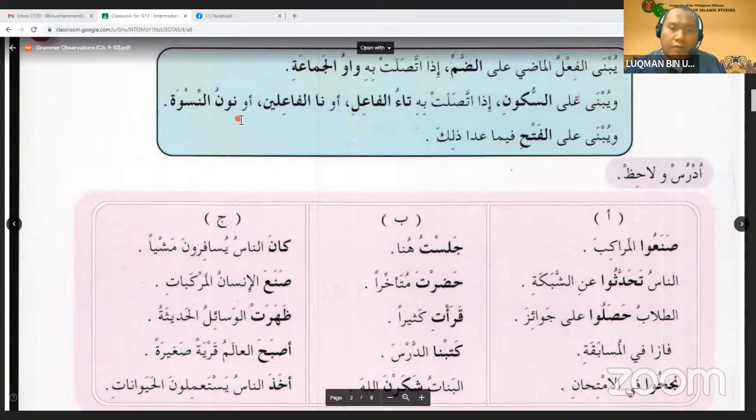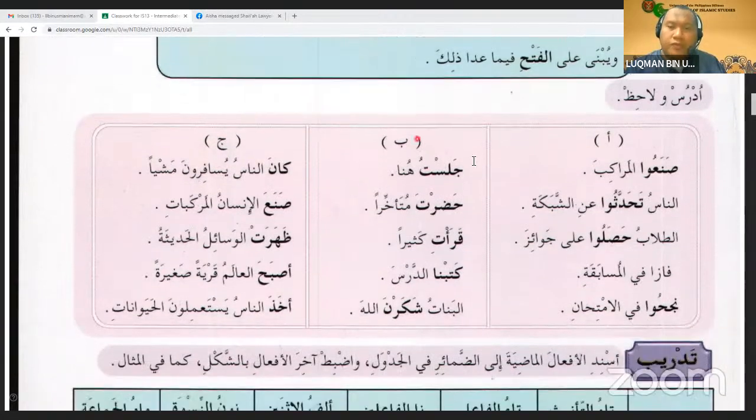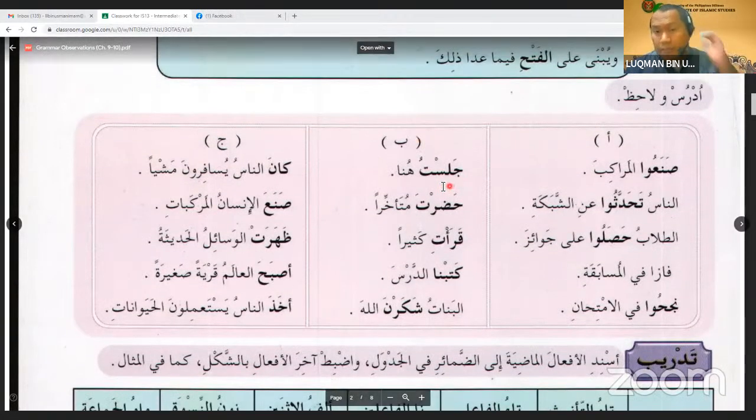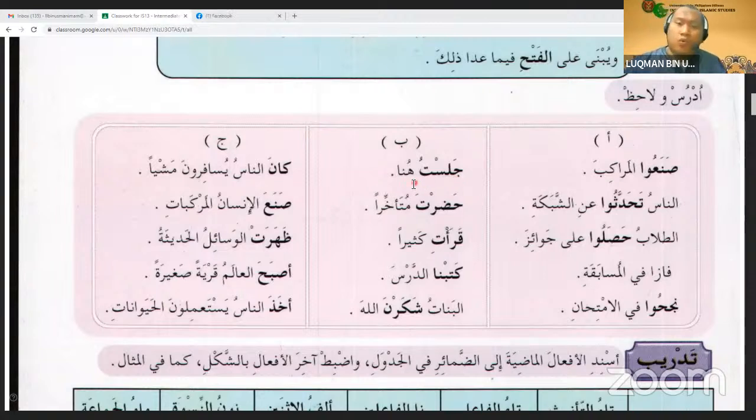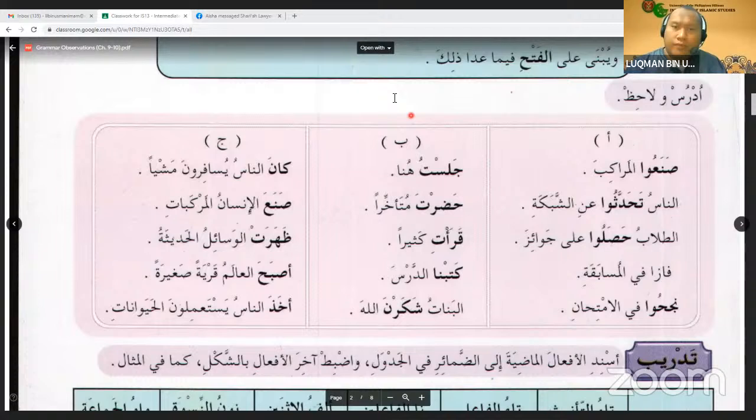So here is an example. Jalastu huna. I sat here. So, tu is an attached pronoun, which means the doer, I. Jalastu huna. I sat here. Umupo ako dito.